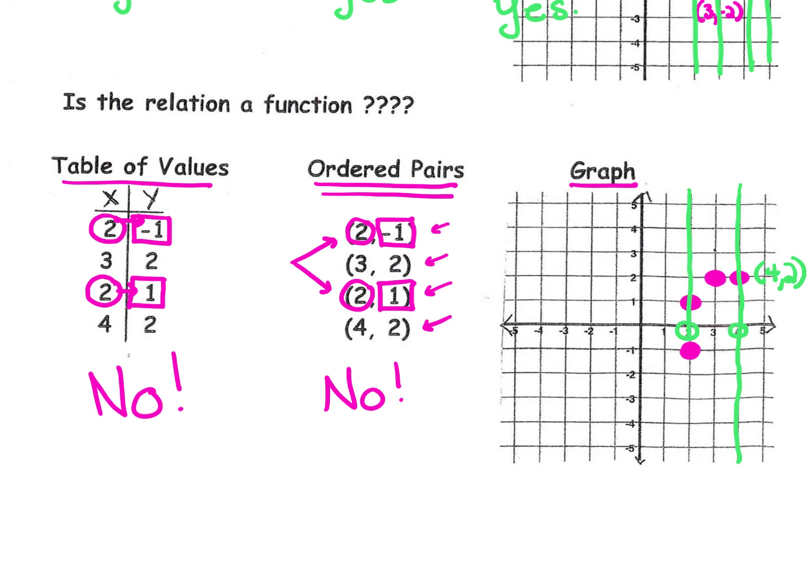If you drop a vertical line and it strikes 2 points, that means there are 2 different output values, +1 and -1. So this fails the vertical line test. It strikes more than one output value. So again, no, this is not a function. It fails the vertical line test.